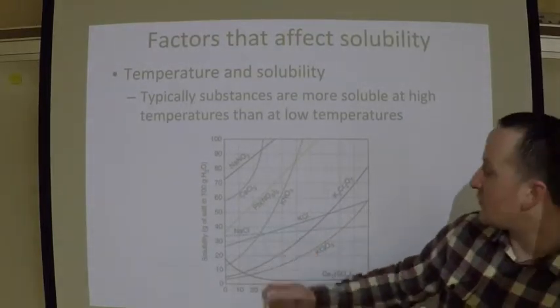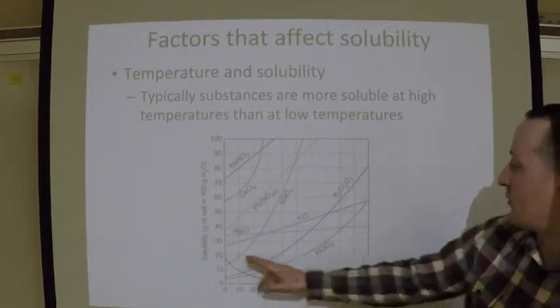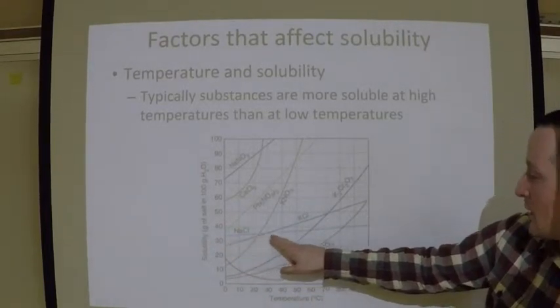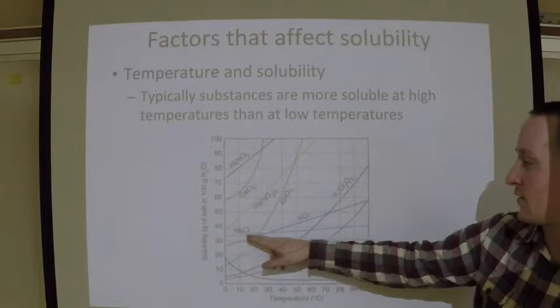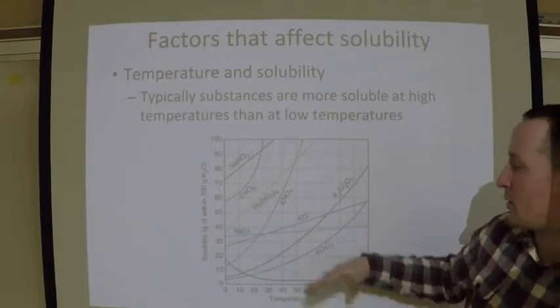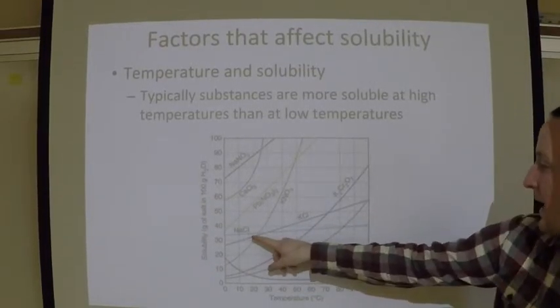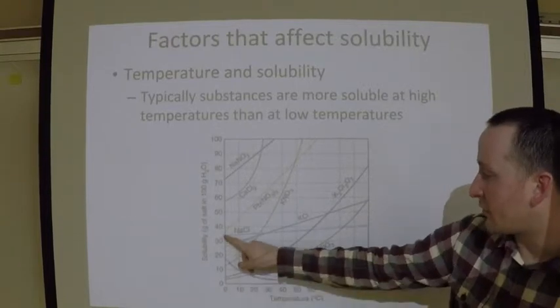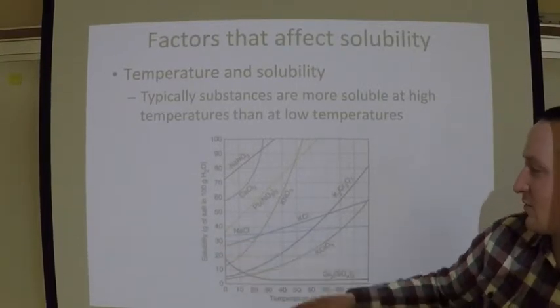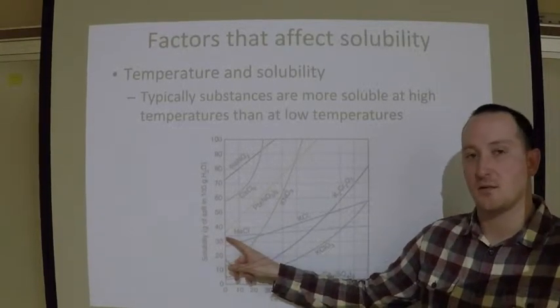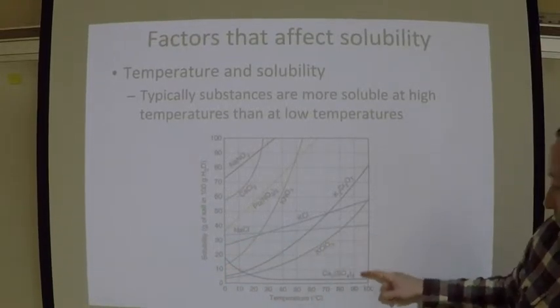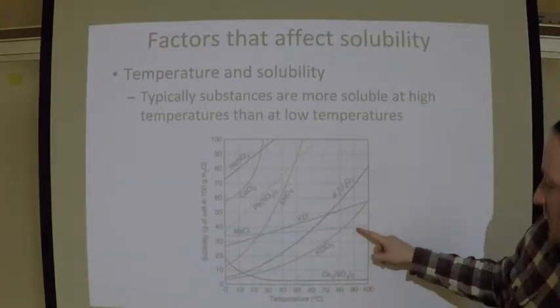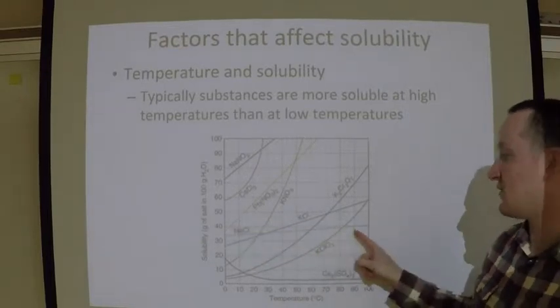Same thing here. Let's look at the NaCl line. It's this blue line, pretty straight, pretty horizontal. At 0 degrees Celsius, I can dissolve about 34 grams of NaCl. Then at 90 degrees Celsius, I can dissolve about 40 grams of NaCl.